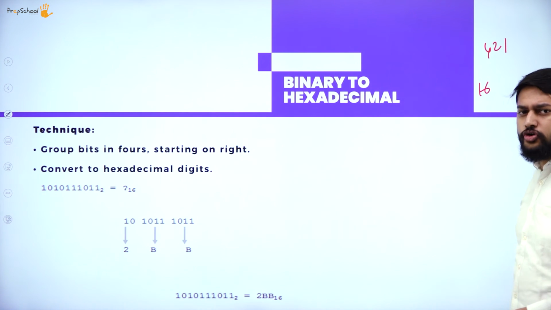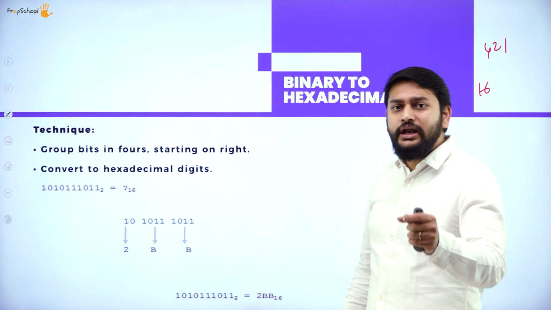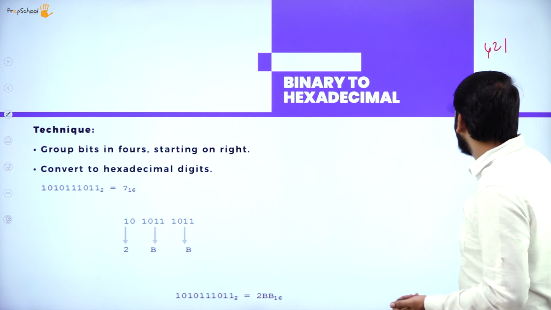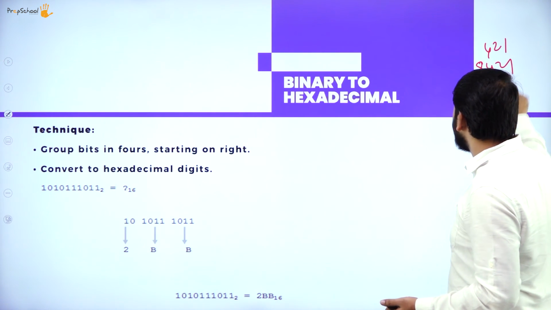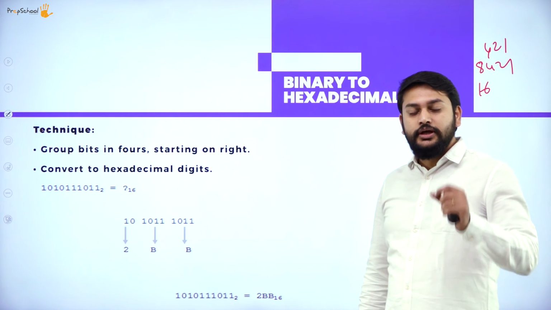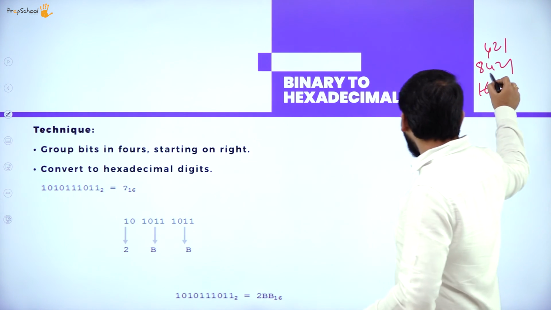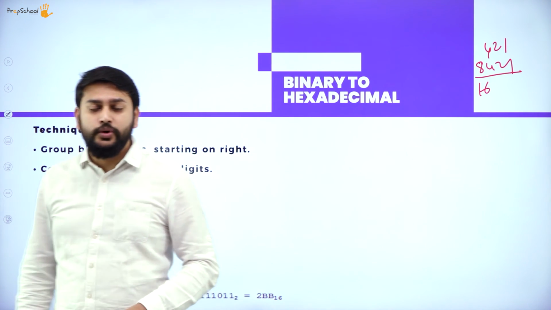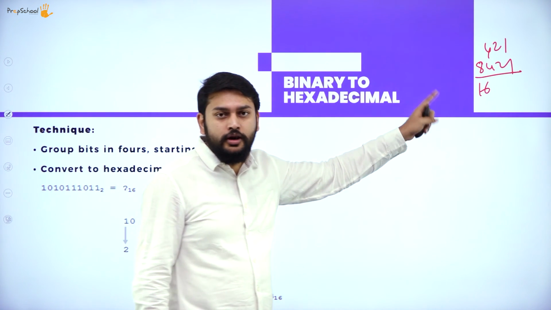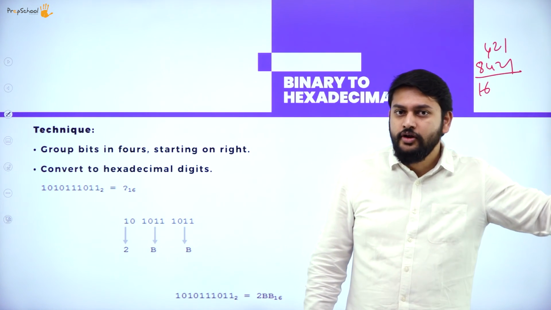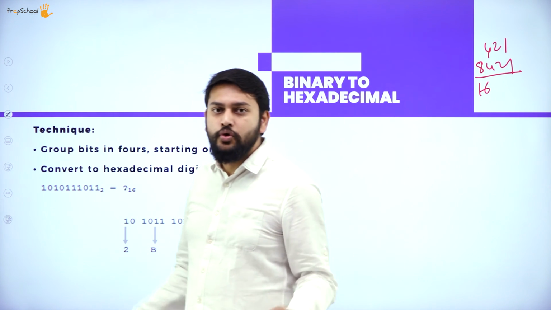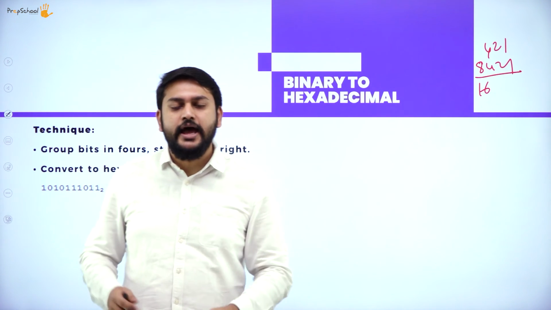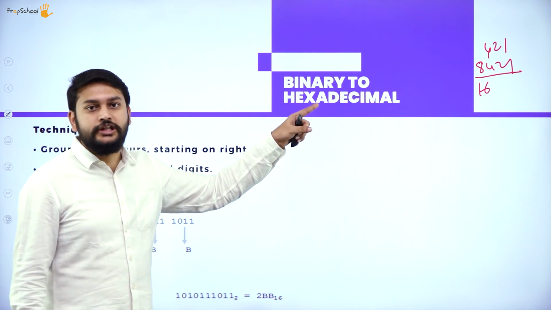If I use 421 code, I will be getting only till 7. Then how do I do it? I have to use 8421 code for this. If you perform the addition 8 plus 4 plus 2 plus 1, how much will you get? 8 plus 4 is 12, 12 plus 2 is 14, 14 plus 1 is 15. So 0 to 15. Do I get all the numbers which I have in the hexadecimal? Yes, I will get. So you have to use that.